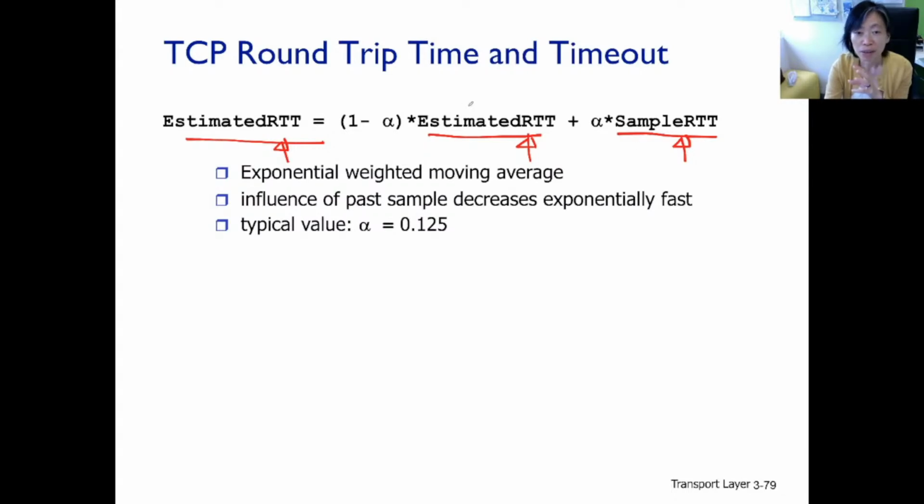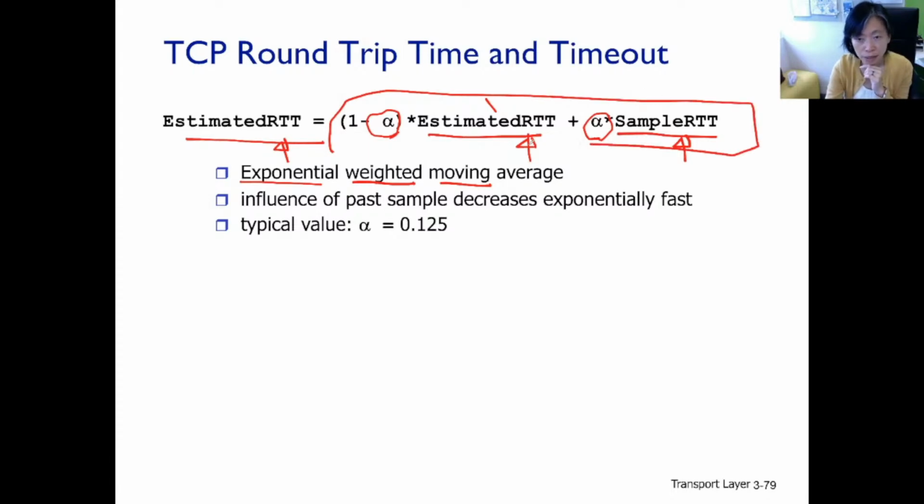So we're taking the history into consideration, which is why it's called a moving average, and we're using a special factor alpha here, so it's a weighted moving average as well. The reason it's called exponential is this: the whole thing, the current smoothed RTT, is going to be used as the first term of the next estimation.